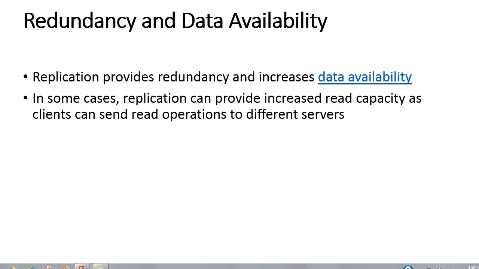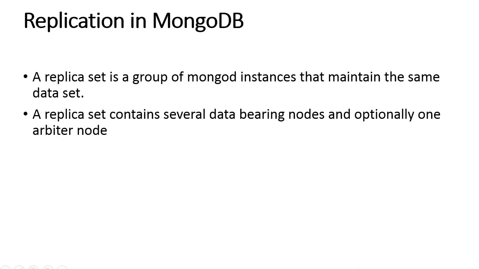So in replication, you are going to learn how to set up replicas in MongoDB. A replica set in MongoDB is a group of MongoDB processes that maintain the same data set.